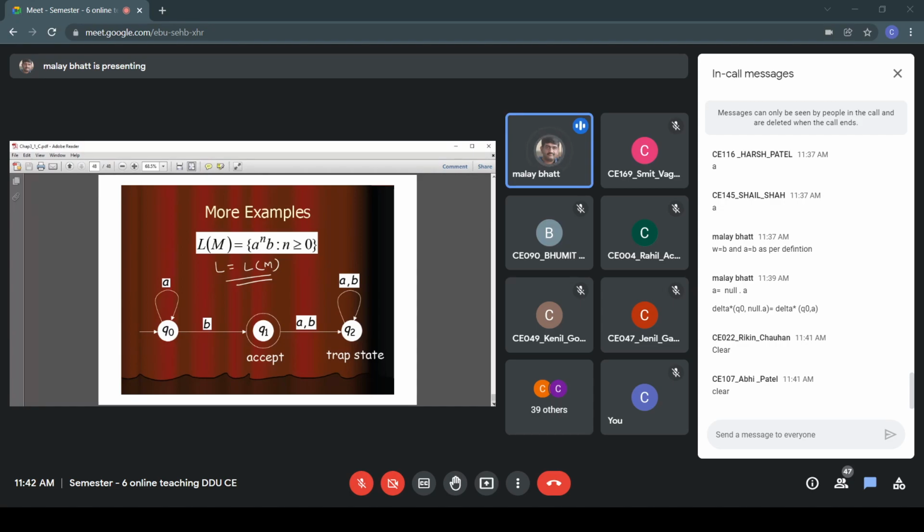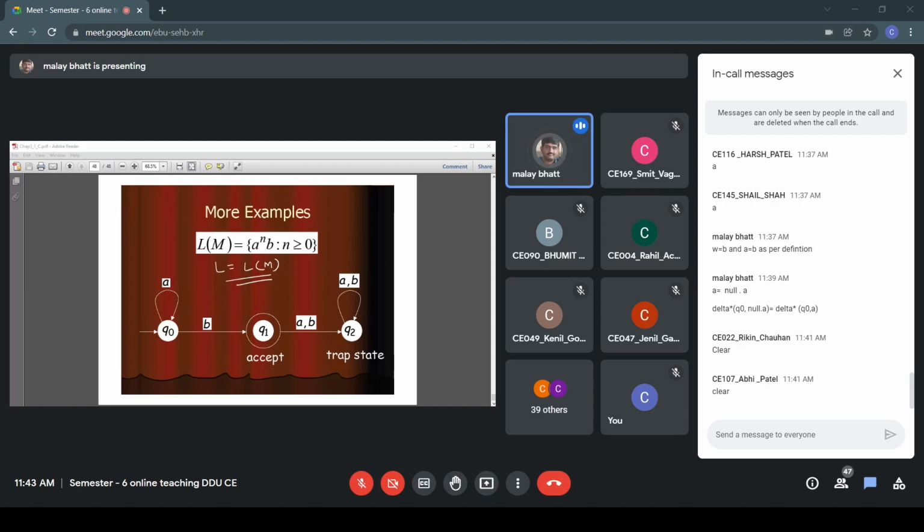We have to be very clear that L must be equal to L of M. That means your finite automata diagram should not accept any extra string which is not part of the language. The language is a set of strings, and the machine designed for the language should not accept any extra string.